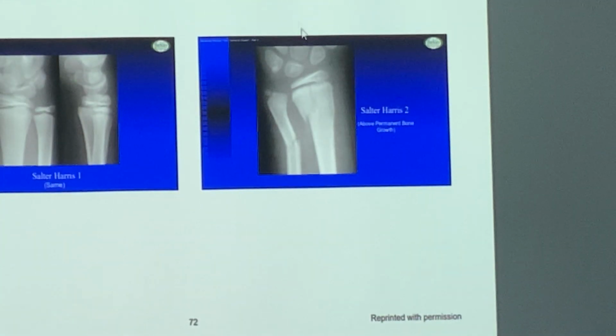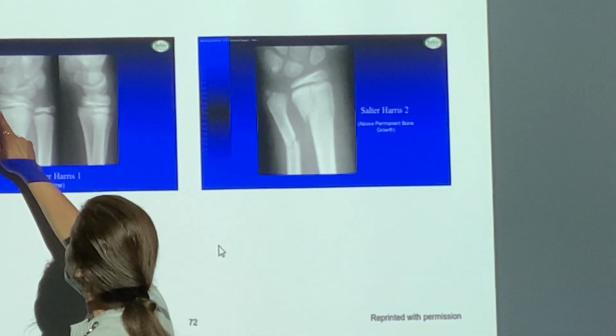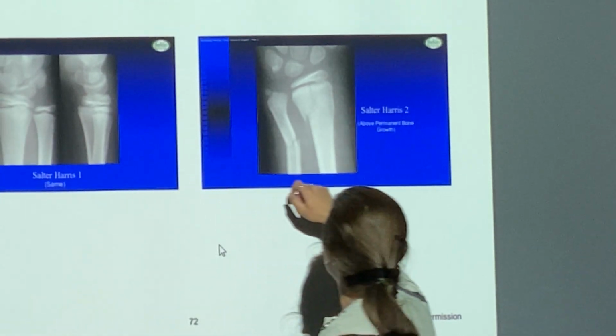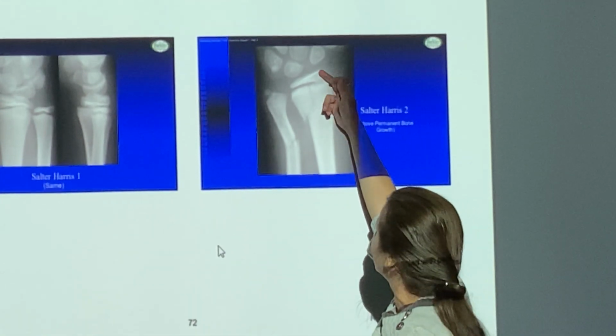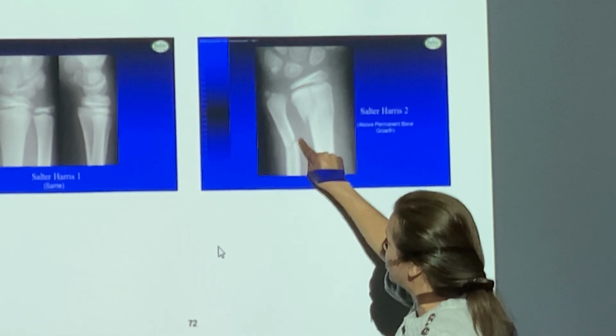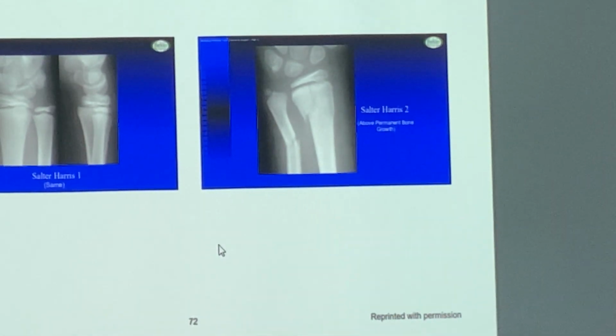All right? So here is the explanation of type 1 in an actual x-ray. Basically, the fracture is all across. In 2, if you remember, it is basically from above, okay? But here there's also another fracture at the level of the head of the tibia.